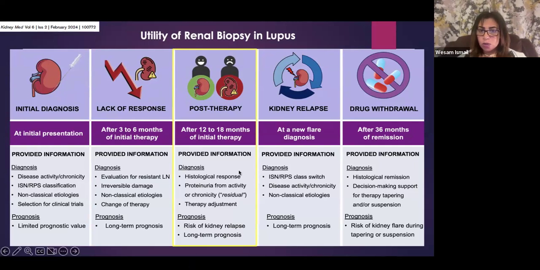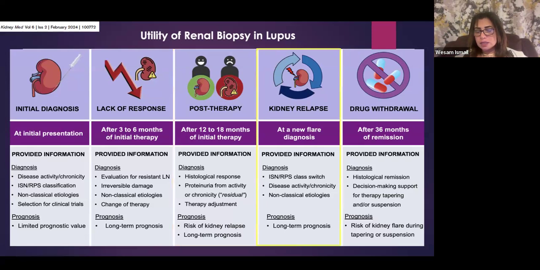This biopsy is going to tell you whether you have a full histological response or whether you have subclinical activity, whether you have proteinuria from activity or residual chronicity, and whether you need to adjust your therapy, to decrease it or to intensify it. It will also give you good prognostic indices. You're going to know the long-term prognosis of this kidney, because you'll have a better idea about the status of the kidney as per chronicity, and it's going to give you an idea about the risk of kidney relapse. It's going to tell you this patient is at high risk of relapsing, and then you might need to intensify your immunosuppression.